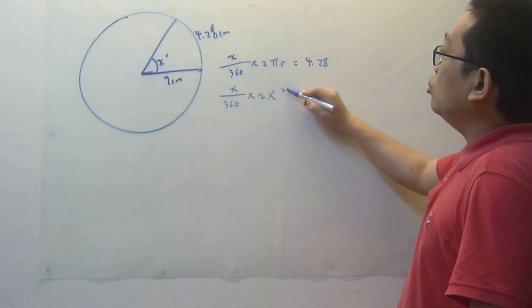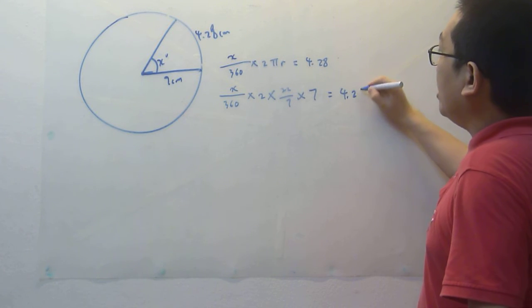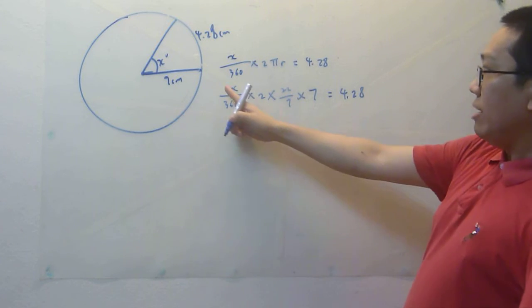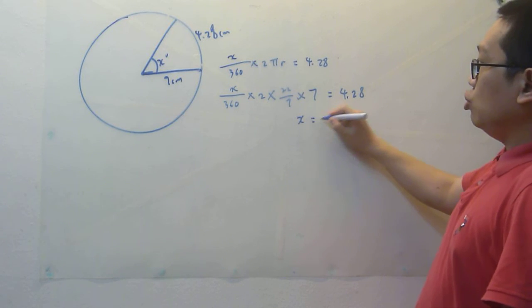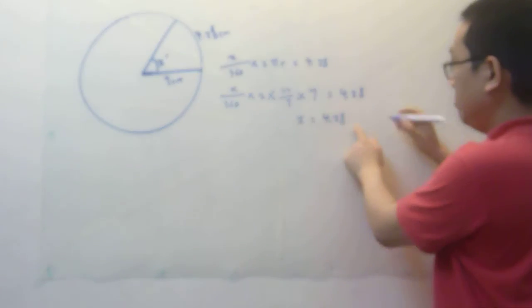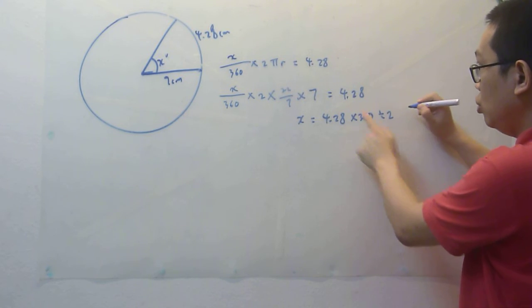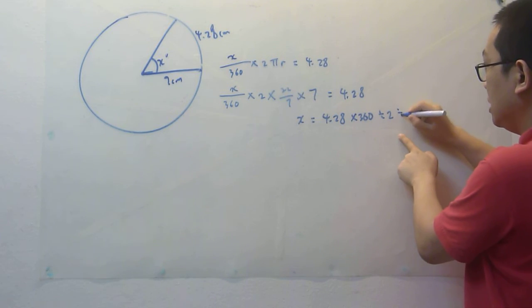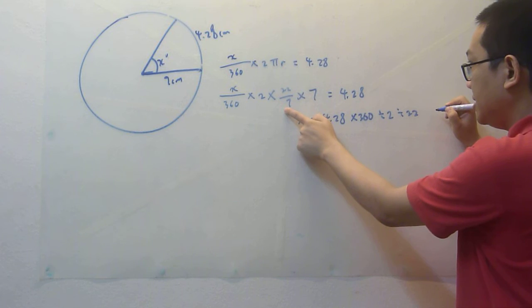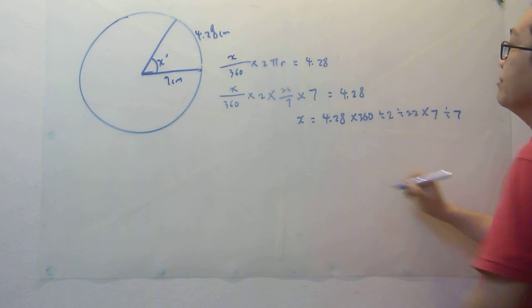Pi is 22 over 7 and the radius is 7. So for me to get 4.28, how do I find x? So x equals 4.28 divided by 360 becomes times 360, times 2 becomes divide by 2, times 22 becomes divide by 22, and divide by 7 becomes times 7 times 7 divide by 7.